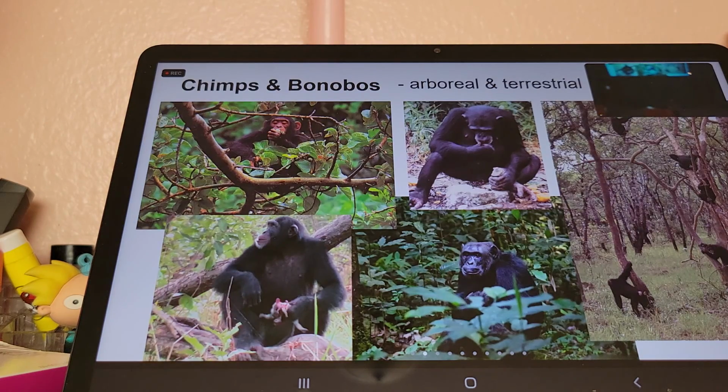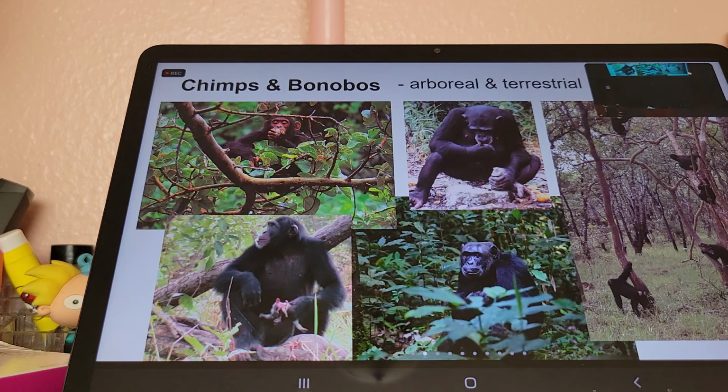What about chimps and bonobos? Chimps and bonobos basically keep on keeping on. Chimps and bonobos are smart. They can utilize a wide range of locomotor behaviors. They are small enough that they can be suspensory, right? They can hang underneath trees. And when you can hang underneath a branch, you can work your way out to the very end.